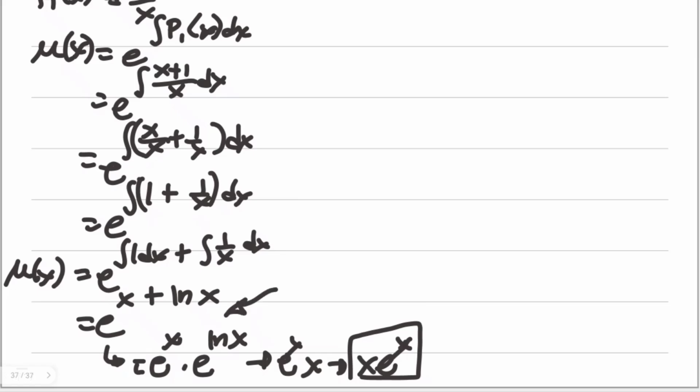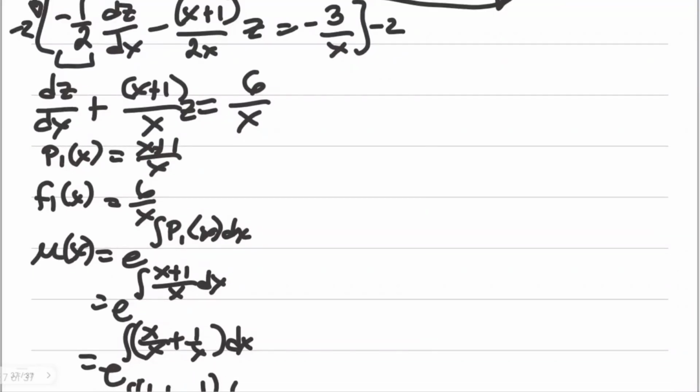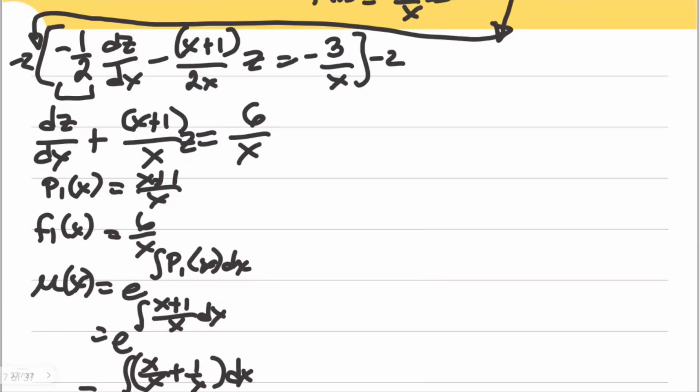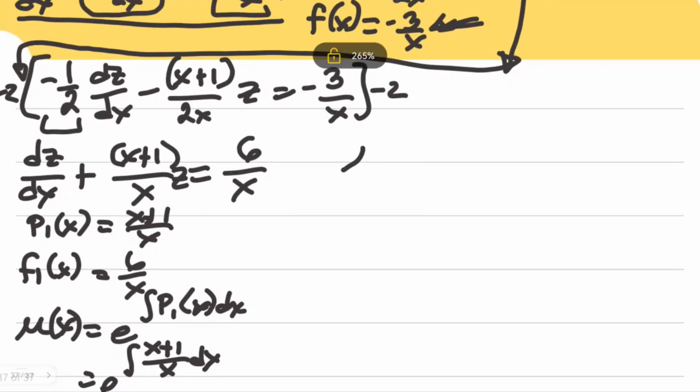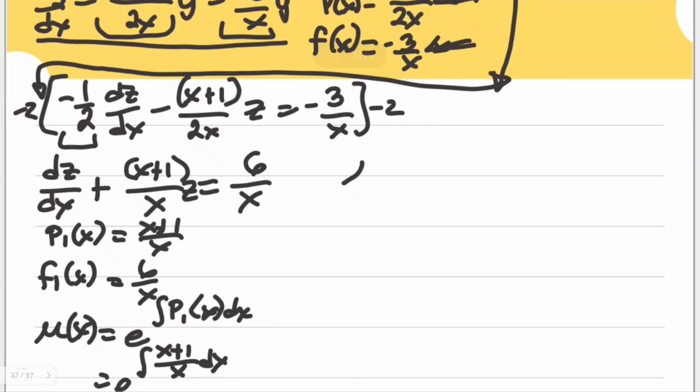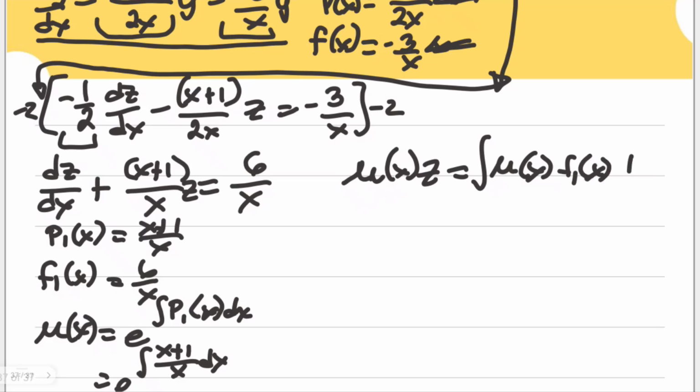We are going to use the integrating factor here because in our expression, again, the integrating factor is x times e to the power of x. So you have mu of x times z, not y, is equal to the integral of mu of x times f sub 1 of x dx.